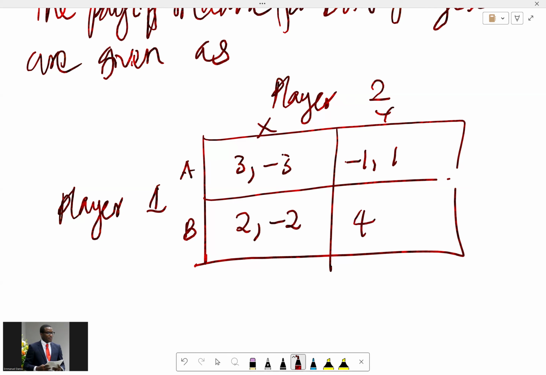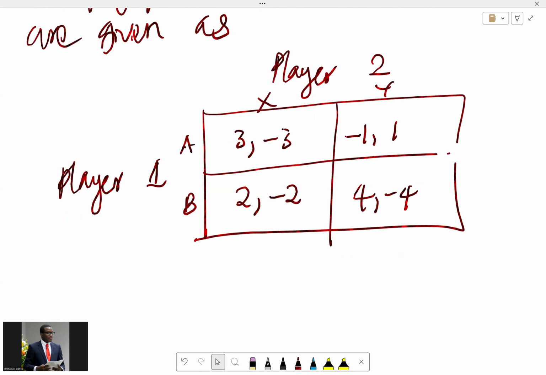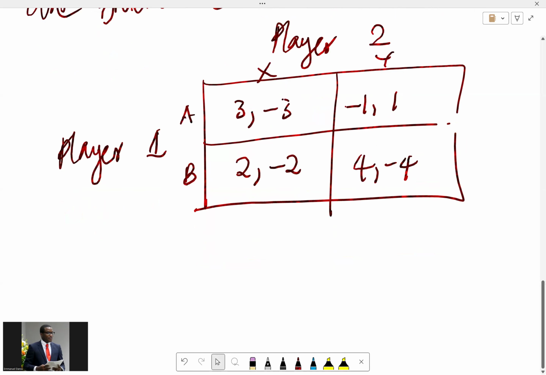If player one gains four, player two loses four. I think this is a nice way to represent the payoffs. For both players, the first values are the payoffs for player one, and the second values are the payoffs for the second player.